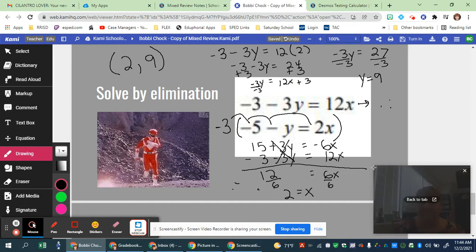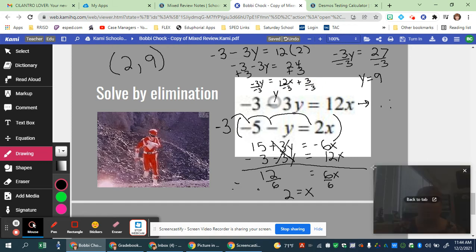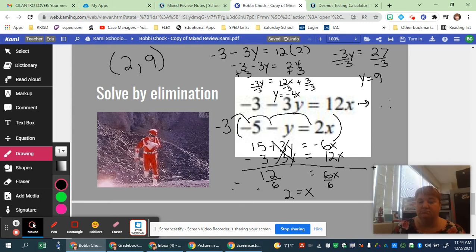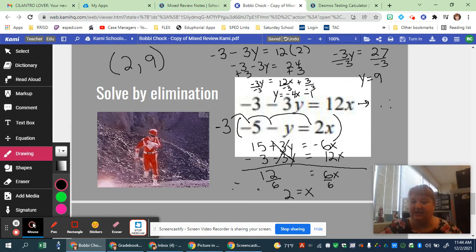Divide by negative 3 on each term. I would have y equals negative 4x minus 1. Okay, so there's my first one. I'm going to remember it: negative 4x minus 1. And then let's say I did this one.